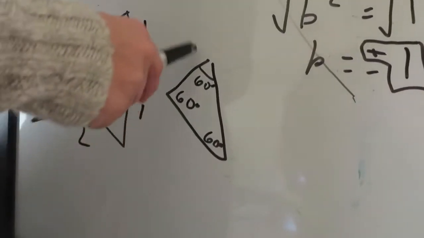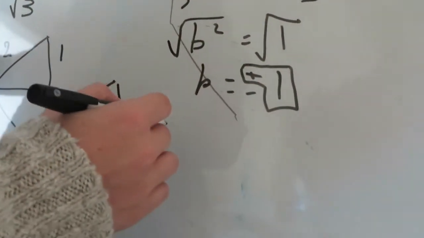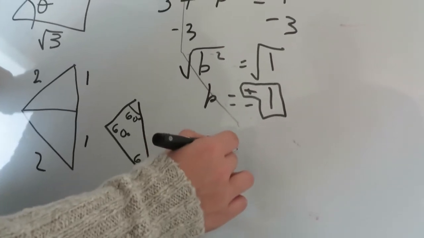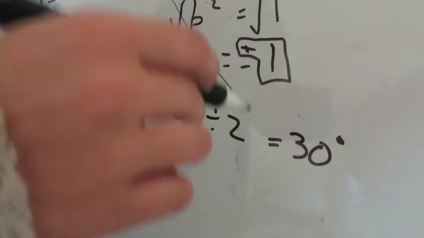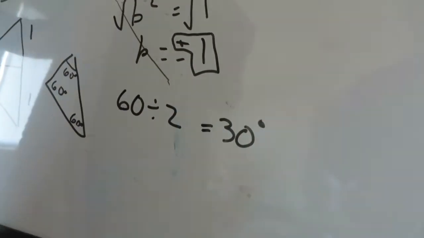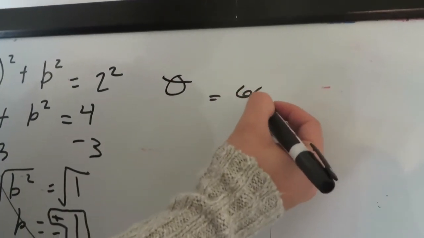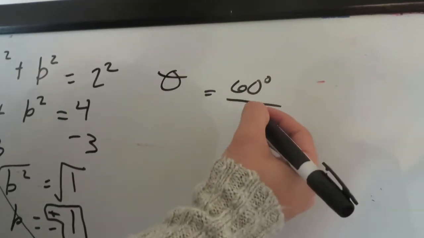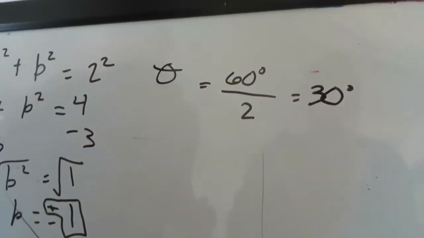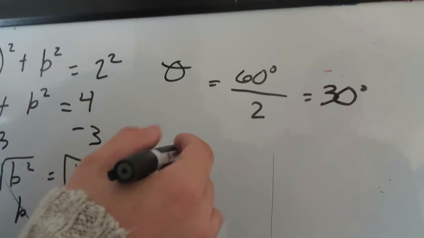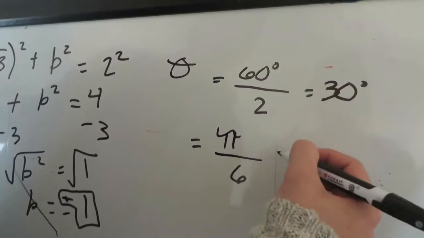That's how we know that these are all 60 degrees. Then, to get what that theta angle equals, you're going to do theta equals 60 degrees divided by 2, which equals 30 degrees. And to put it in radians, that's going to be pi over 6 radians.